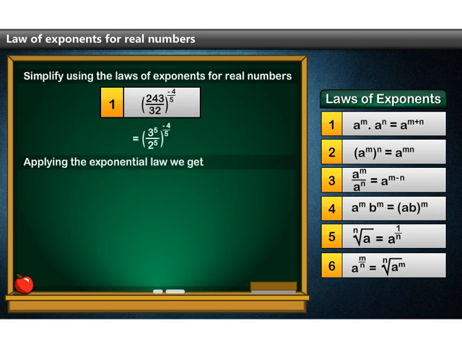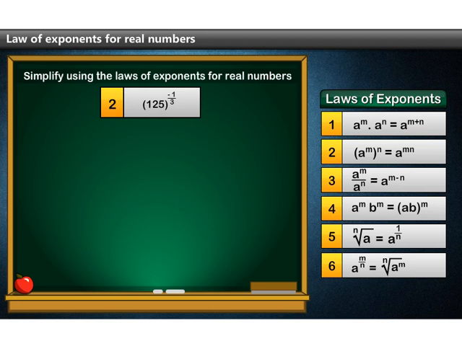Applying the exponential law, we get 3 raised to the power of 5 into minus 4 by 5 divided by 2 raised to the power of 5 into minus 4 by 5 is equal to 3 by 2 raised to the power minus 4, that is equal to 1 by 3 by 2 raised to the power of 4, that is equal to 2 to the power of 4 divided by 3 to the power of 4, that is equal to 16 by 81.